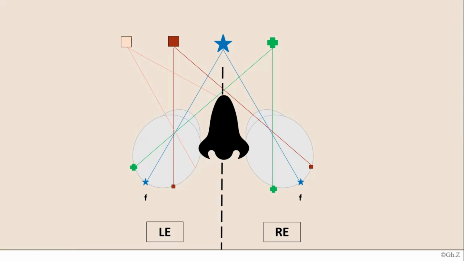Again, this has an important implication later on, so just remember this phenomenon. The same applies if we imagine an object here on the far right. An object on the far right is seen only by the right eye, by the extreme nasal periphery of the right eye, but you will never see it by the left eye because of the nose.